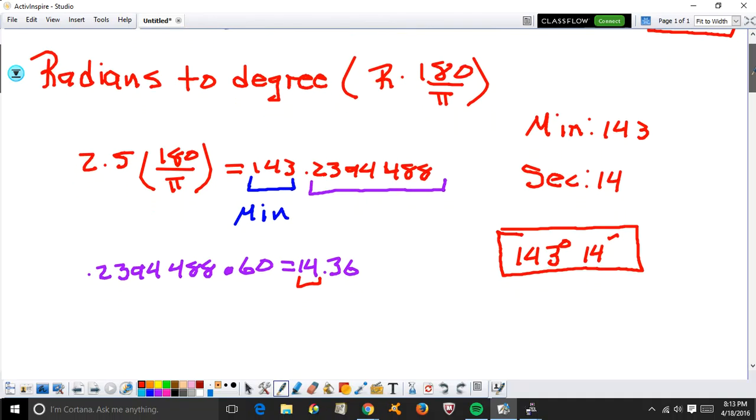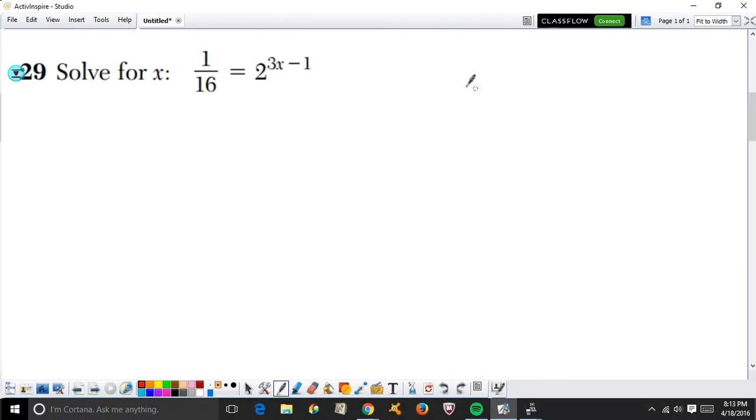Now, in question 29, they're asking us to solve for x. There's different ways for you to solve the following. You can use the logarithm, raise the logarithm to both sides, but that's going to become a little bit complicated. Notice that 16, you can rewrite it as base 2.